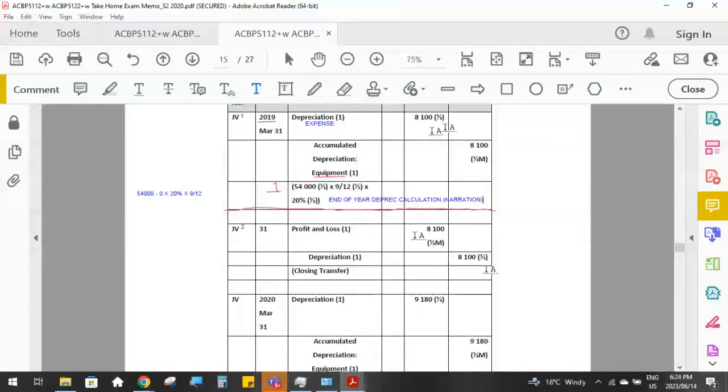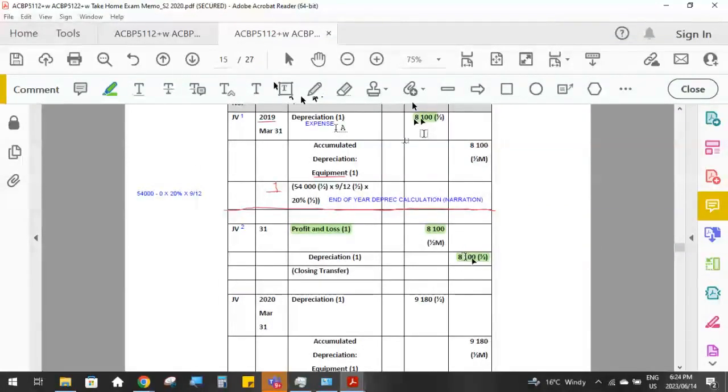So in order to close off the depreciation expense account, we are going to credit it. So this credit over here transfers the debit out of depreciation and we transfer it into profit and loss.